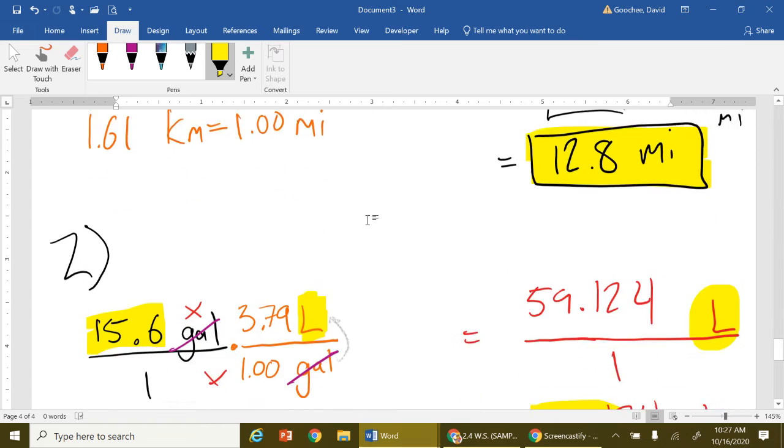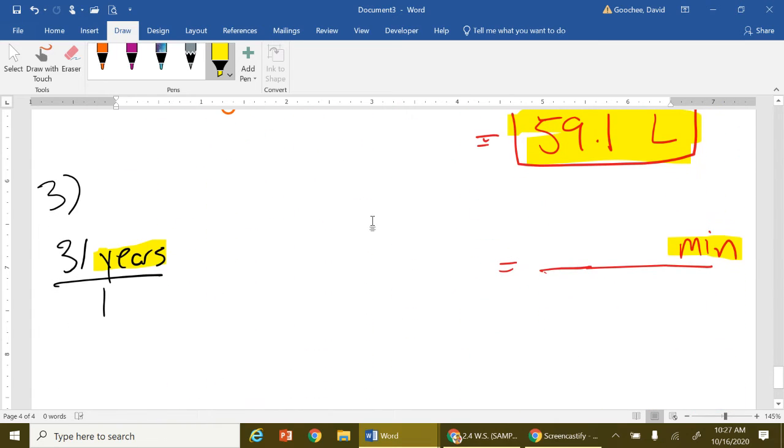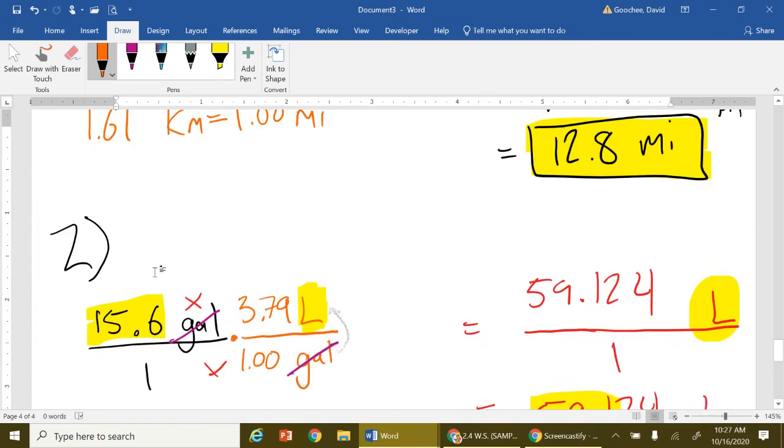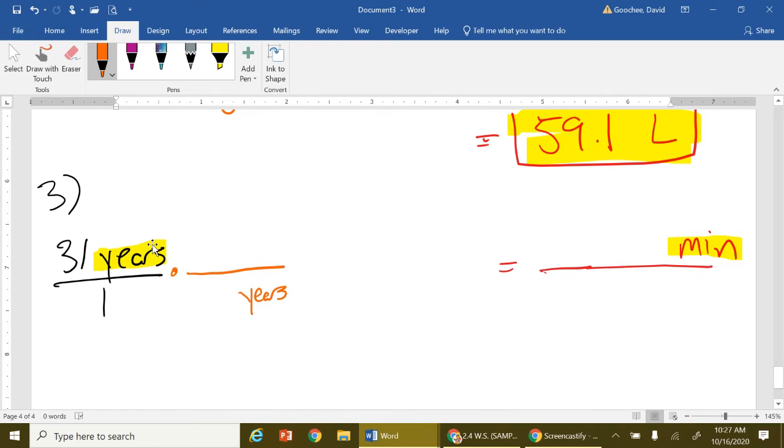How do we do it? We do it by multiplying a fraction with years on the bottom. To get rid of years on top, we have to put years on the bottom.